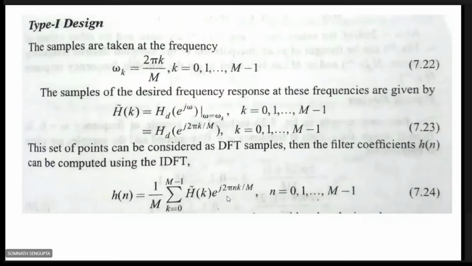Hn may be complex, but the actual filter coefficients should always be real. So there should be some manipulations or arrangements so that Hn is always real. Now how is it done?